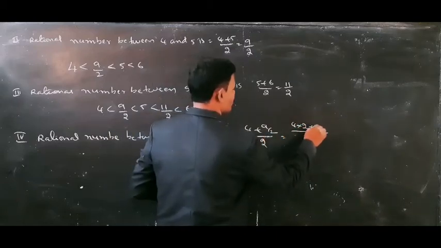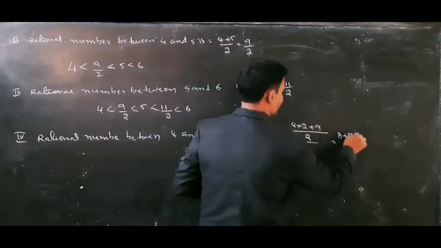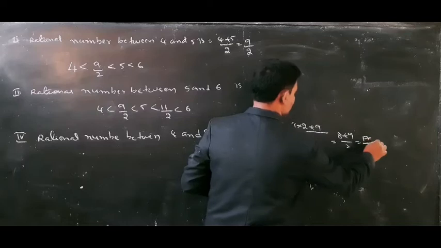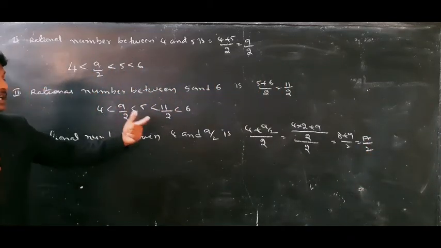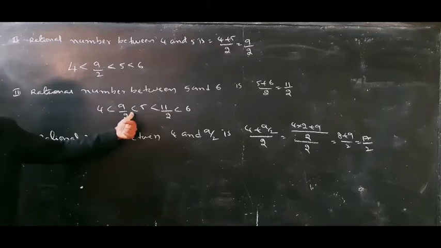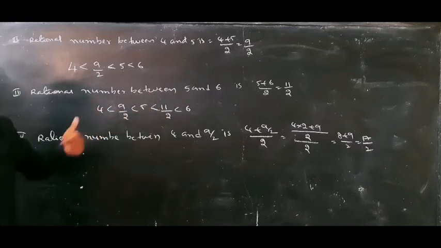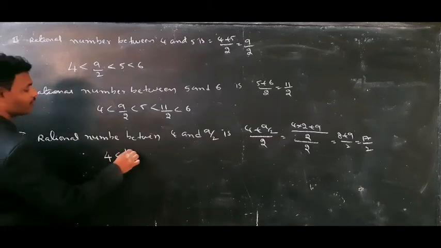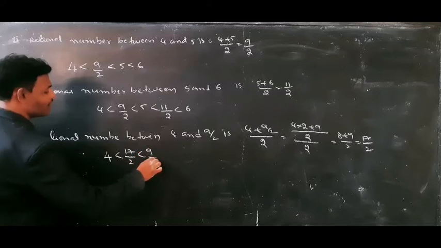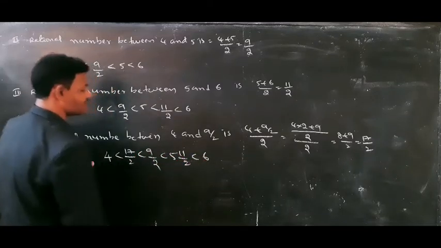So it is (4 into 2 plus 9) by 2, which is equal to 17 by 2. 17 by 2 is a rational number between 4 and 9 by 2. So 17 by 2 is more than 4 and also less than 9 by 2, and 5 is less than 11 by 2, which is less than 6.